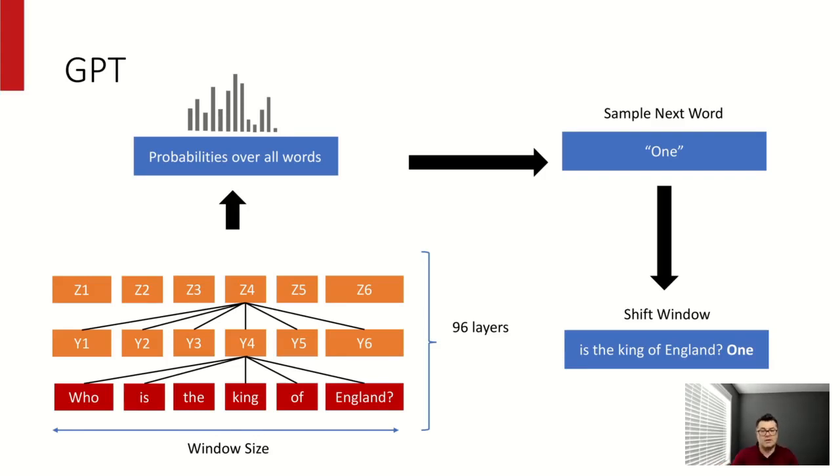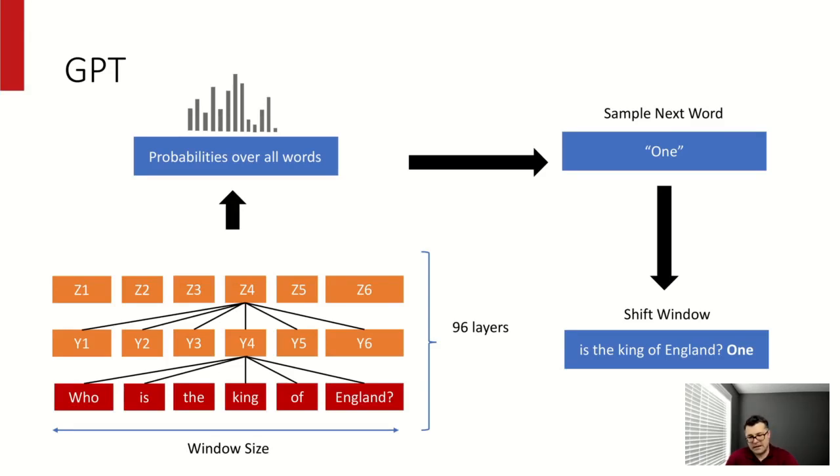And so the output of the model after these 96 layers is basically probabilities over all of the words. And it's like a probability distribution which indicates which word is the next most likely word. So you take that probability distribution and you sample the next word. So let's say the word is 'one'. And so now you would take your window.